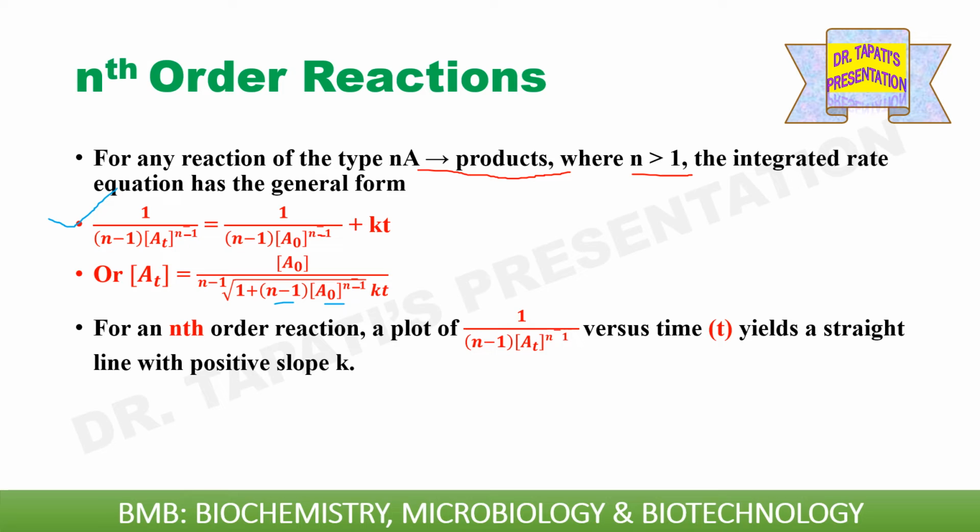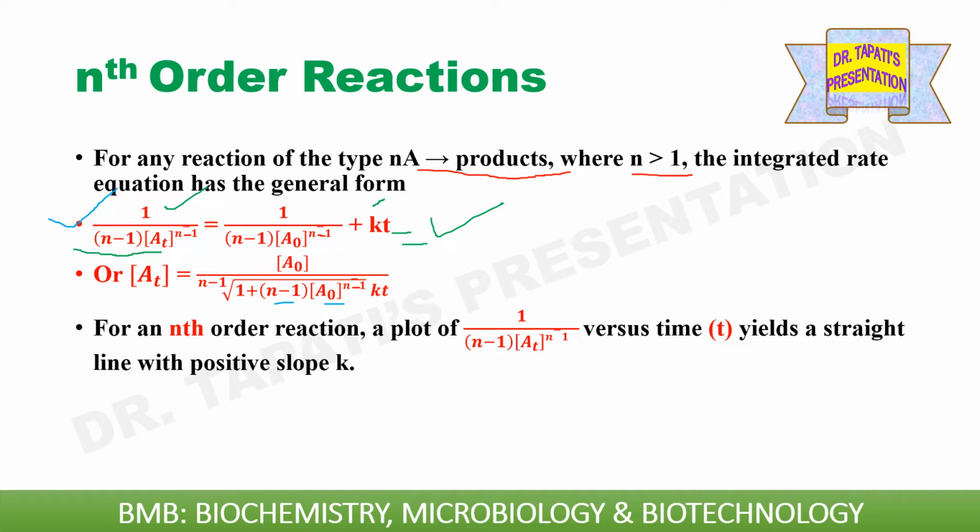So for an nth order reaction, if you plot 1 by (n minus 1) into [At] power of (n minus 1) versus time, you will get a straight line with positive slope k, because this equation is like a straight line where the y value is 1 by (n minus 1) into [At] power of (n minus 1) and the x value is t.